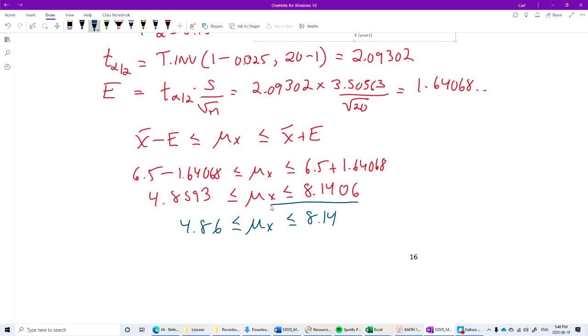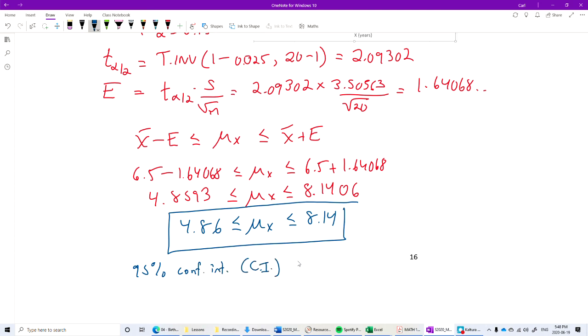So that's my 95% confidence interval, sometimes we denote that just CI, for the mean number of years it takes to complete college, to complete a bachelor's degree.